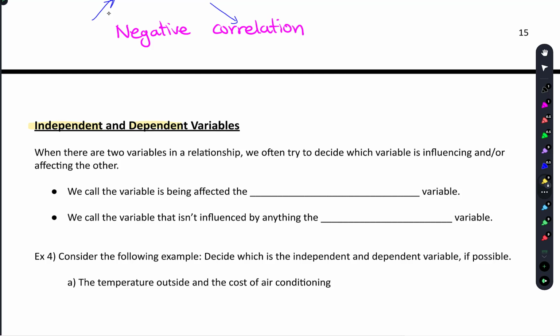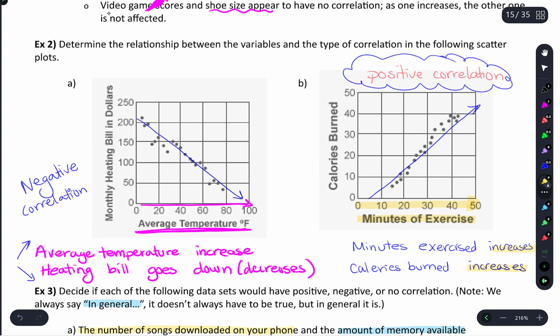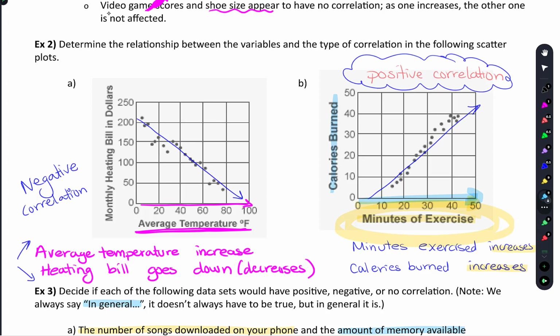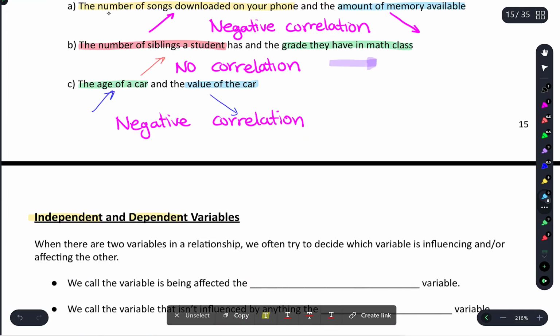So if I were to change something, it has to change. Okay, so if I look at this graph here, and I say that the minutes exercised is changed, I'm going to say if I increase it, the number of calories burned has to change, right? It's not like it can just not do anything. It's going to have to do something. And so that's what we mean by independent and dependent.